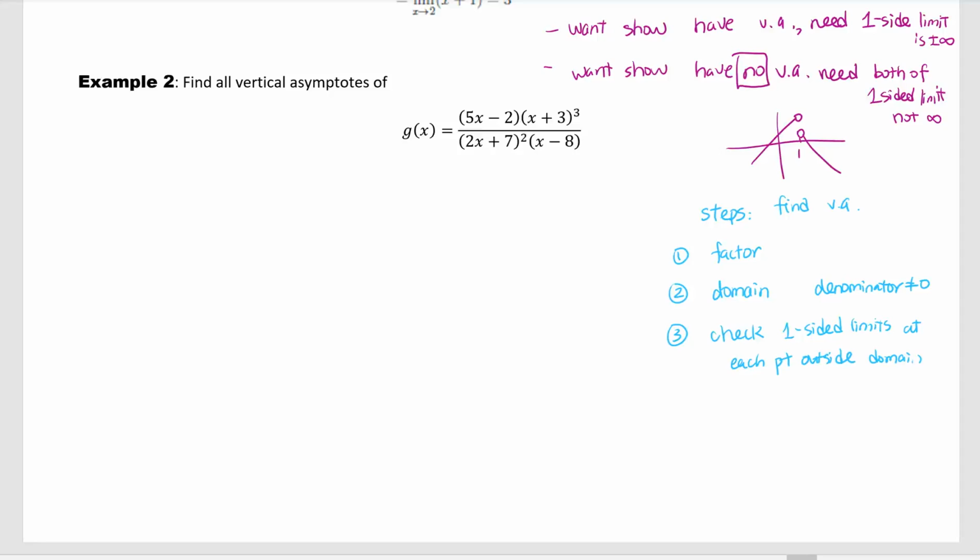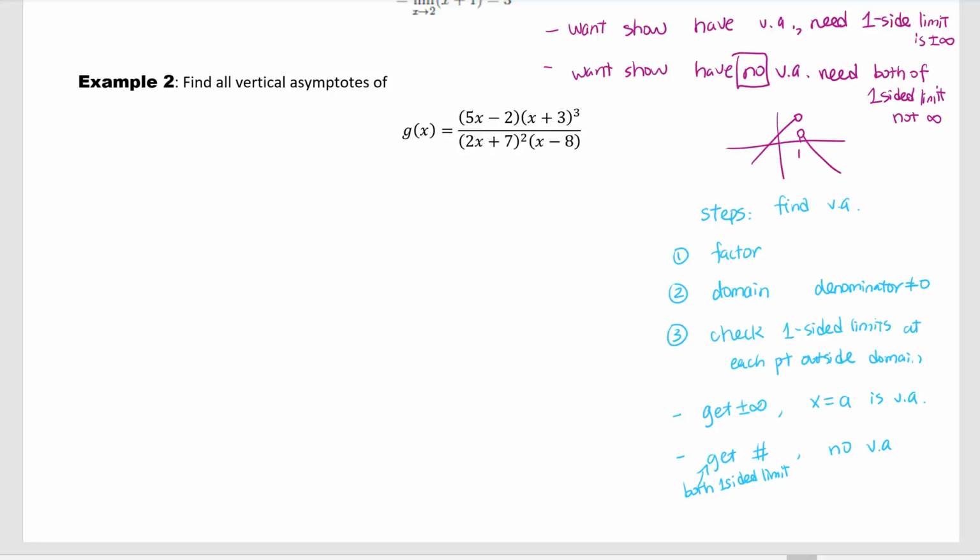Okay, so if you get infinity or minus infinity, then what's the conclusion? Well, x equals a is a vertical asymptote. If you get a number, then you have to make sure you check both sides. So both one-sided limits, you get a number, then we don't have any vertical asymptotes.